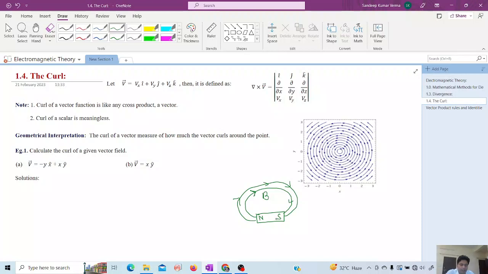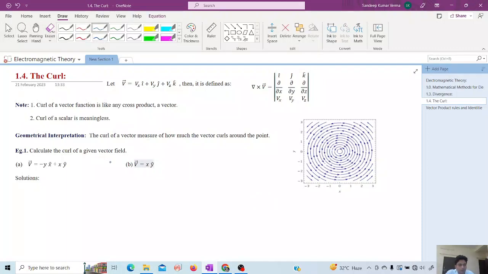In this way we can see that the curl of any magnetic field will not be 0. Curl of B gives Ampere's law. That's why this mathematics is important for electromagnetic theory.